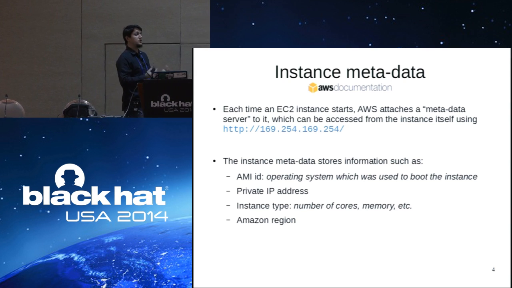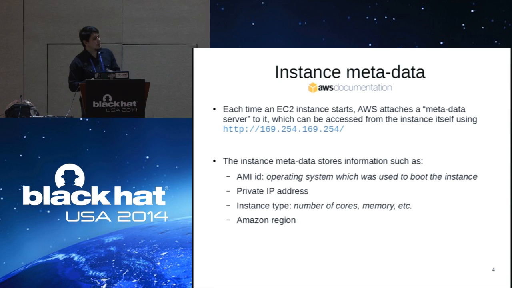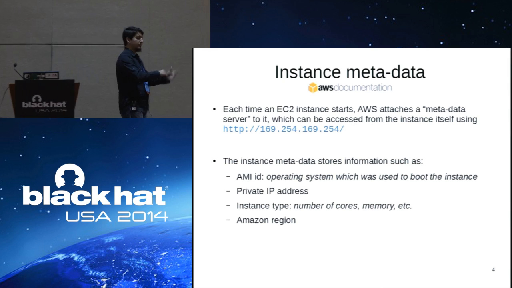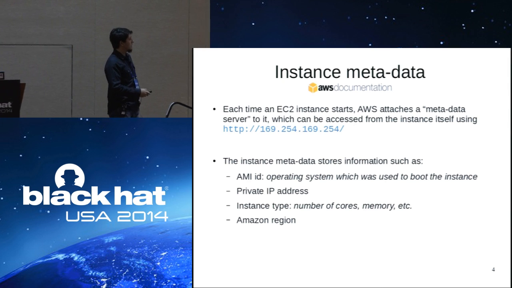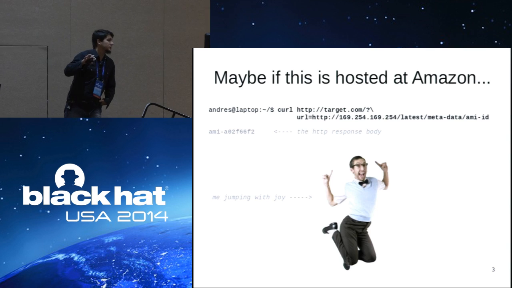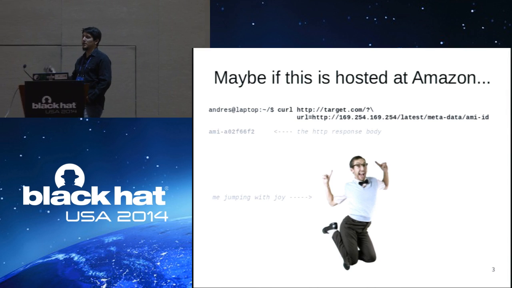So what's stored in that instance metadata? There are many different things that are stored there. We're going to go through a couple of these. The first one that I showed you was AMI and a number. As you can see here, the instance metadata is ordered in different paths inside that HTTP server.